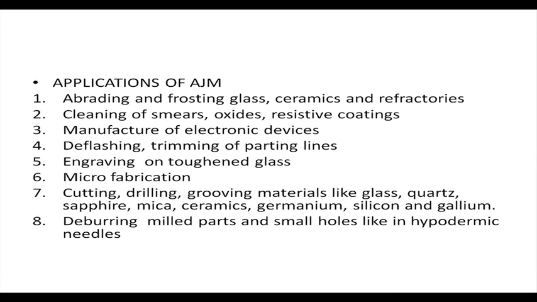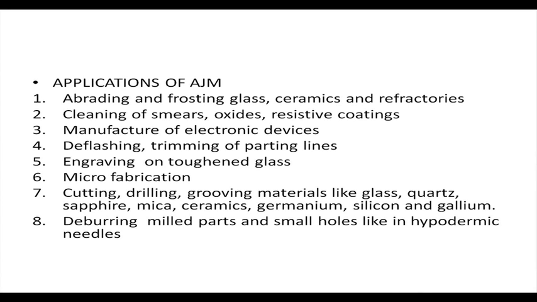Then it can be used for cleaning purposes also, like cleaning of metallic smears on ceramics. Oxide layers can be cleaned out, and resistive coatings which have to be removed can also be removed by abrasive jet machining. Then there is the manufacture of electronic devices, and deflashing and trimming of parting lines.